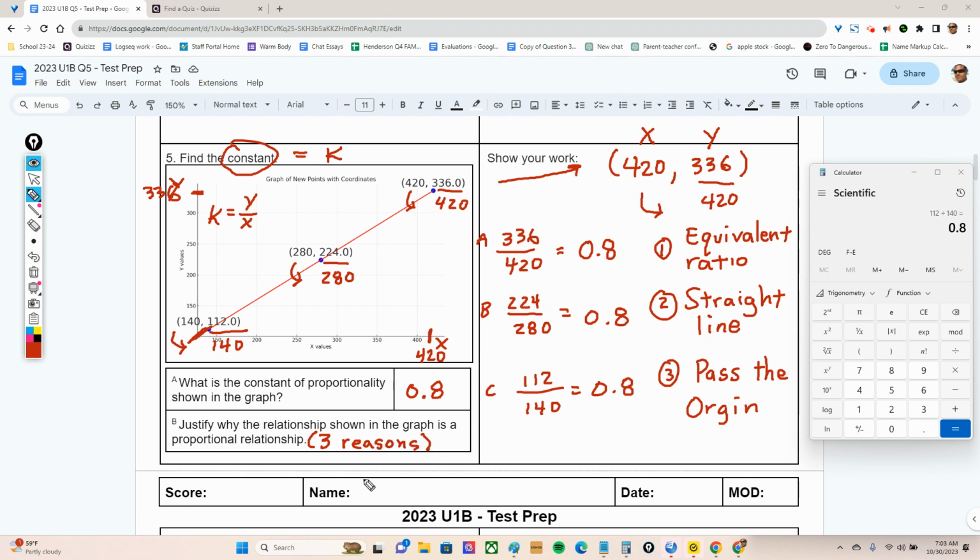Pause on that. It's about understanding it, not just copying it. Okay, so you should have an understanding.